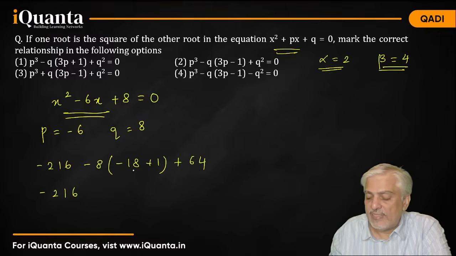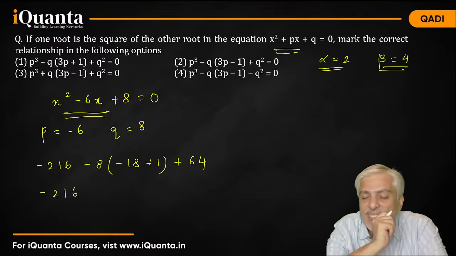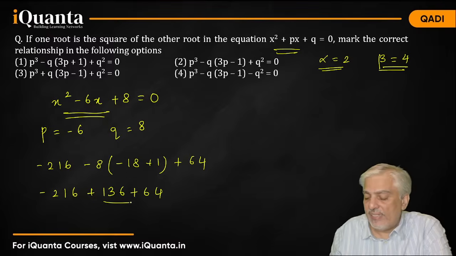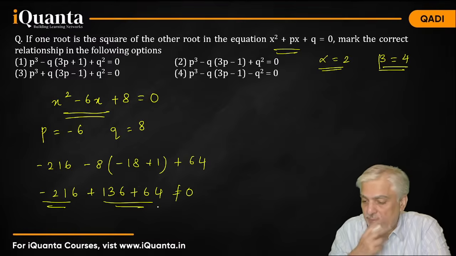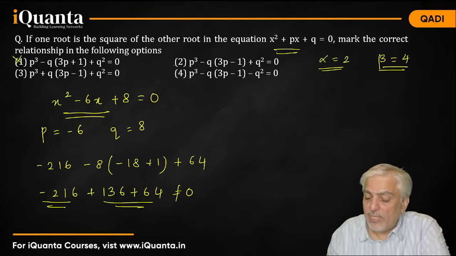Negative 216, 17 8s will be, I think, 136. So that will be plus 136 plus 64. I can clearly see this answer is not going to come out to be 0, because this will end in 0 and this is 6. So this is not ending in 0. So first option, not my answer. Second option में try करते हैं. P cube. Again negative 216.